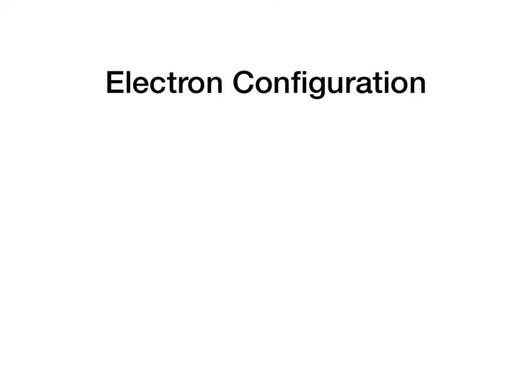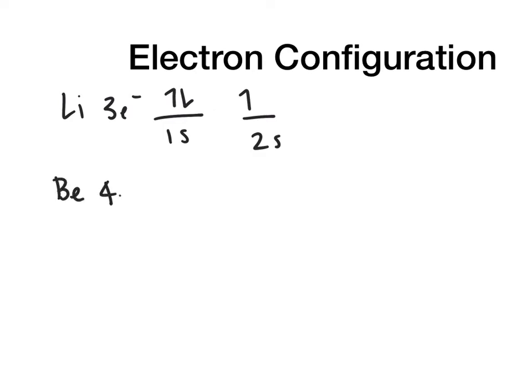So when we look at lithium, which we just did, it has 3 electrons, in the 1s and then the 2s. And so you just add in 3. For beryllium, it has 4 electrons, in the 1s and the 2s.